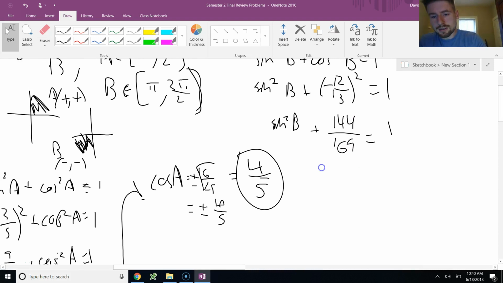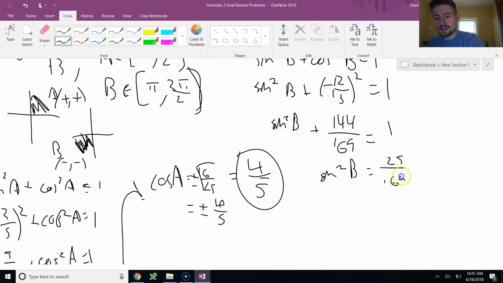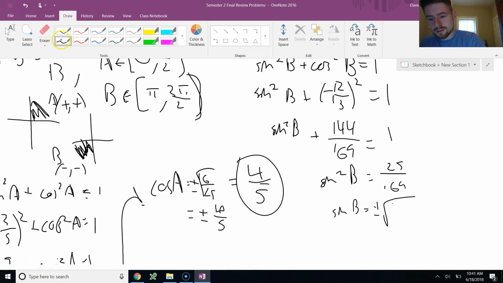And so that tells me sine squared B equals 169 minus 144, which is, I think, 25. Yeah, 25 over 169. So then sine B is plus or minus the square root of 25 over 169. So it's plus or minus 5/13.